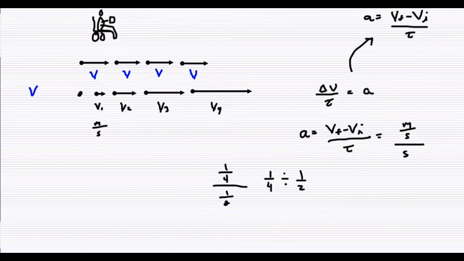Okay, and what I was going to do is keep the first one. We're going to keep this 1/4, we are going to change the sign to its opposite, times, and we're going to flip the last one. And then we're going to solve it. Now, multiplying out, we have 2 over 4, which is the same as 1/2, and that was our final answer right here.